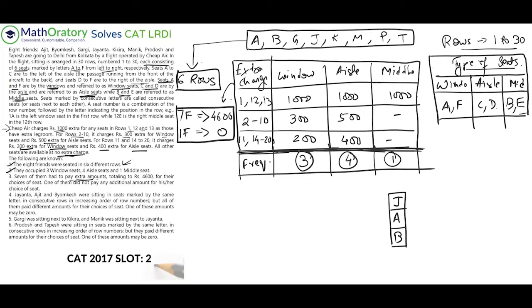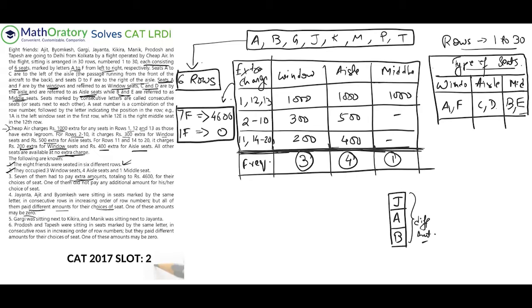Let me indicate that in this way, so visually I'll understand. And this J, A, B are paying different amounts for their choices of seat. One of these amounts may be 0. It's not mandatory that all of these 3 fall in the 7-friend category paying the extra charge, but they are paying different amounts. So let me keep a note of that: different amounts are paid.